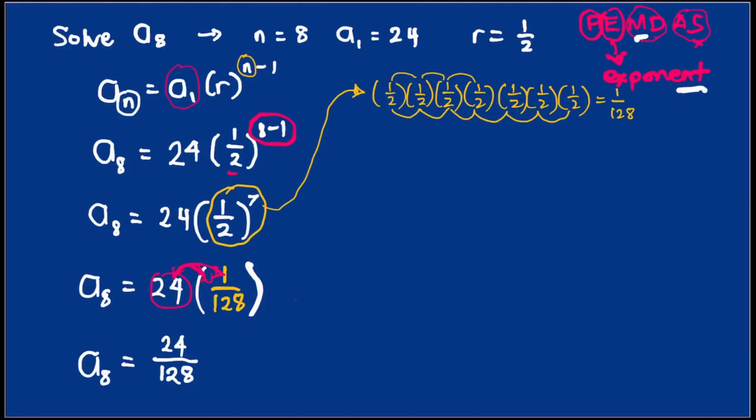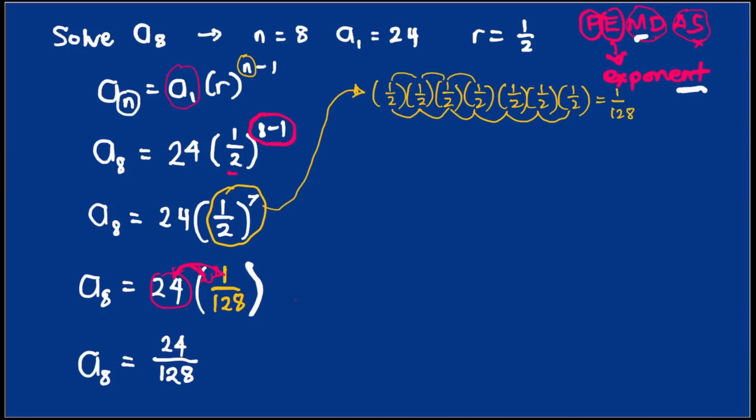Tingnan natin kung simplified na ba siya or we need to simplify it muna. Okay? So, mag-iisip tayo ng number na pwede mag-divide sa 24 and 128. Kung masyadong malaki yung number para sa inyo, mag-start muna kayo sa mga maliit na divisor, like 2, 3, kung pwede sila. So, 24 and 128, since they are both even numbers, pwede siyang i-divide by 2.